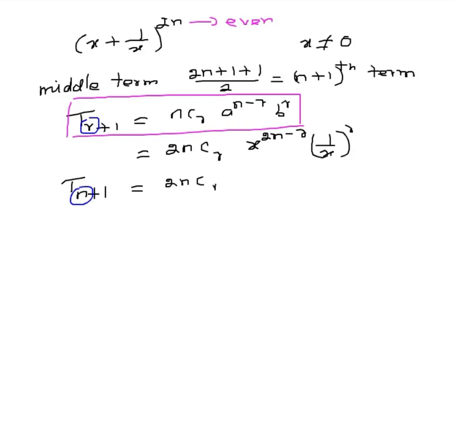Therefore 2nCn, x raised to 2n minus n is n, times 1 divided by x^n. These two terms are getting cancelled. We get the term 2nCn, which is independent of x.